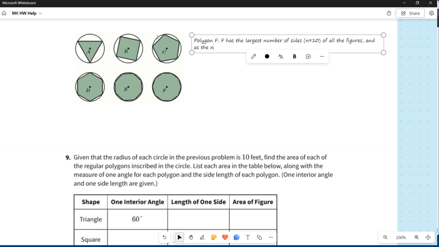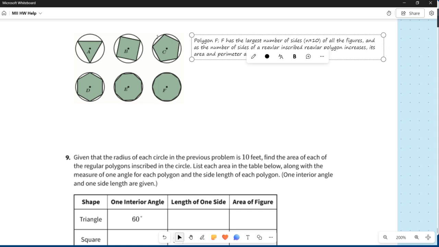Of all the figures, as the number of sides of an inscribed regular polygon increases, its area and perimeter approach that of the circle.